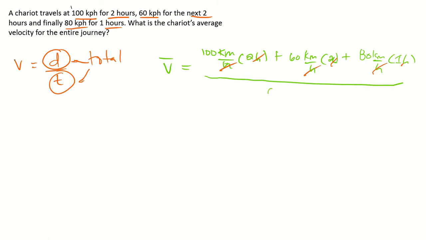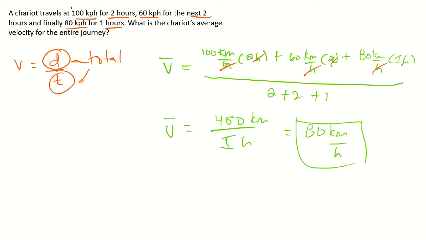Our total time is 2 plus 2 plus 1. So the average velocity is equivalent to 400 divided by 5. So, 500 kilometers per hour. So, the answer is 80 kilometers per hour. Okay, so that's number 1.